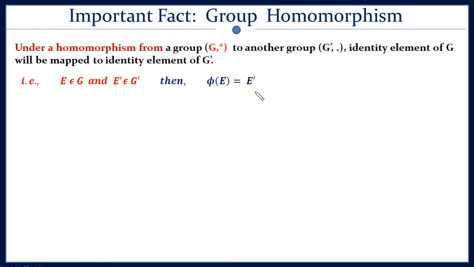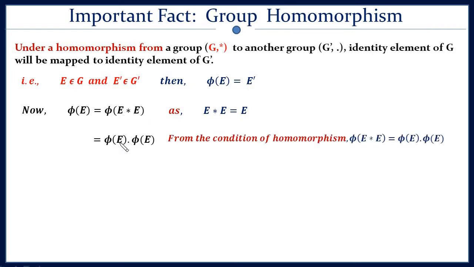Now how can we prove it? It is very easy. Let's start. We can write phi(e) as phi(e star e). Why? Because e is the identity element of the group G. Therefore e star e will be e. So just write phi(e) as phi(e star e). Now from the condition of homomorphism, we can write phi(e star e) as phi(e) dot phi(e). Here dot is the binary operation for the group G prime.